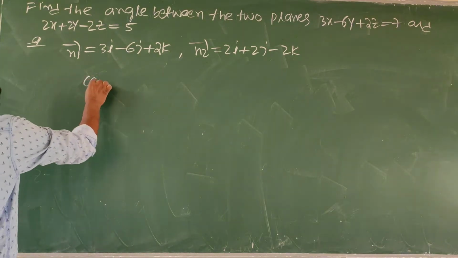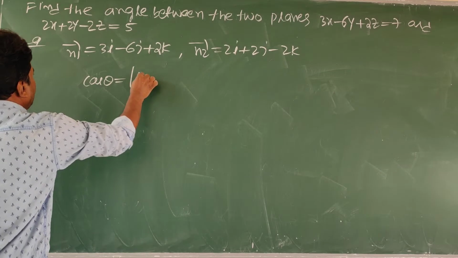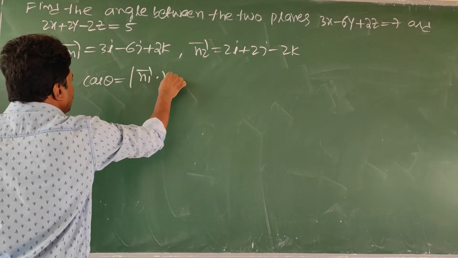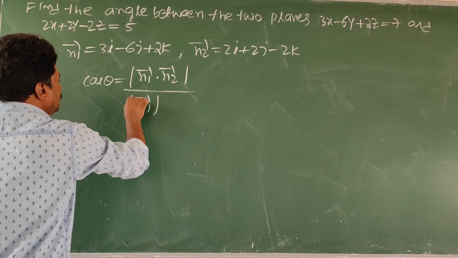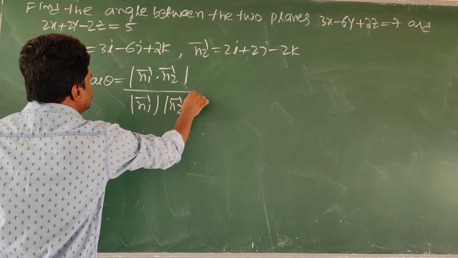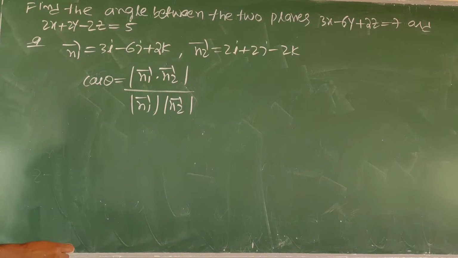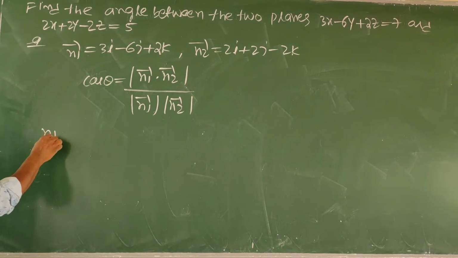What is cos theta? It is n1 dot n2 divided by length of n1 times length of n2. Calculate n1 dot n2.